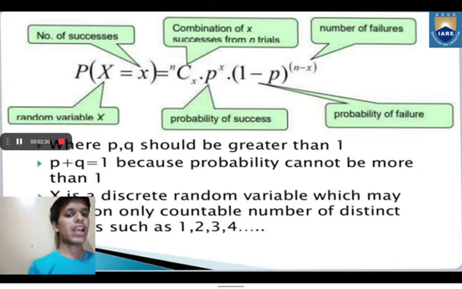We know that p plus q equals 1, that is, probability of success plus probability of failure is equal to 1. So probability of failure can be written as 1 minus p, and n minus x denotes the number of failures.